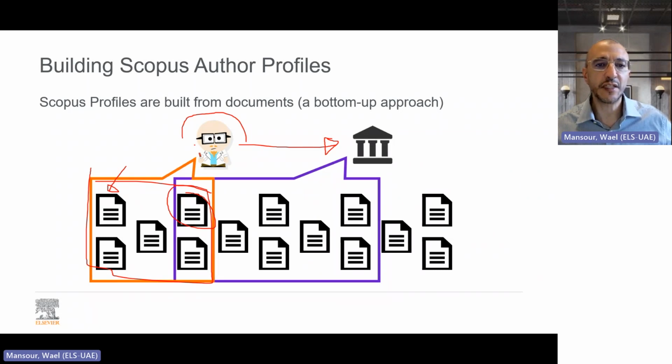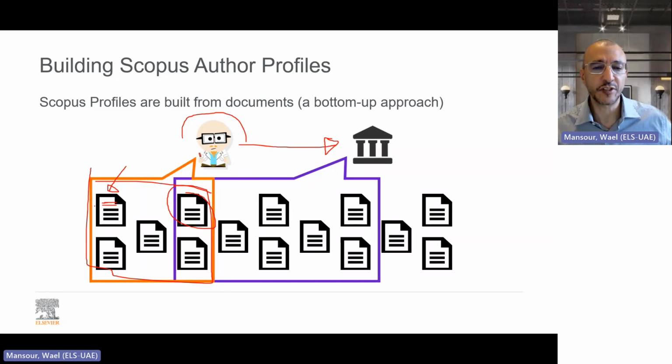Scopus will automatically create the author profile for the researcher and link that document to Kuwait University. So as a researcher, when I add the second one, it will automatically be added to the profile. Scopus will check the affiliation information.